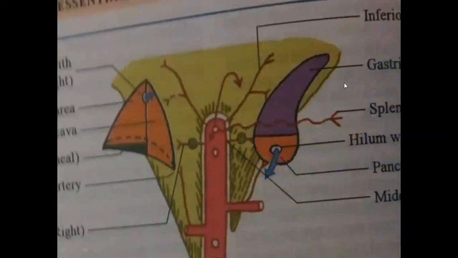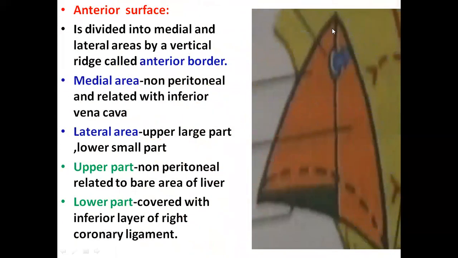Now, coming to the anterior surface of the right suprarenal gland, it is divided into medial and lateral areas by a vertical ridge, which is actually called as anterior border. Okay, the medial area is non-peritoneal and related to the inferior vena cava.